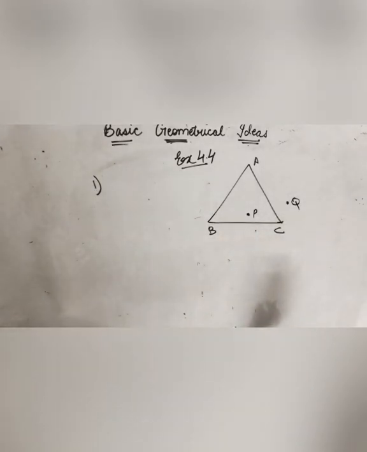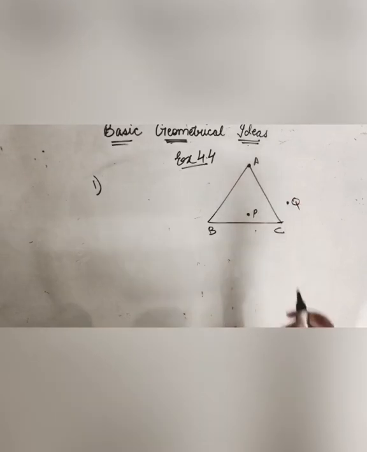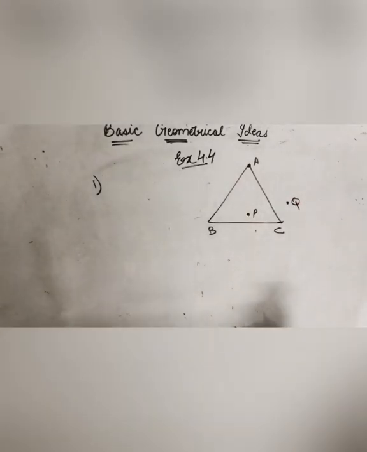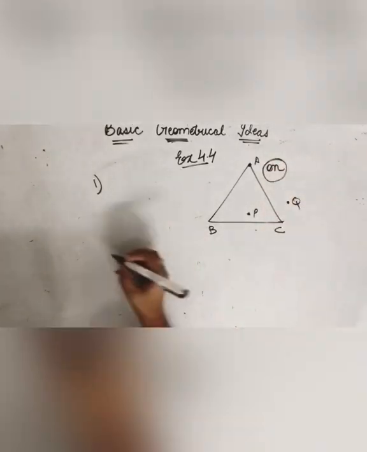Next part is the point A in its interior or its exterior? Point A neither lies in interior nor exterior. Point A lies on the triangle. Fine. A lies on the triangle.